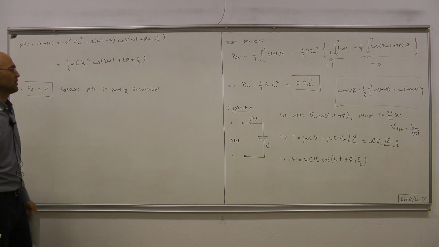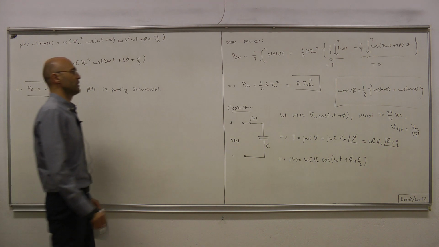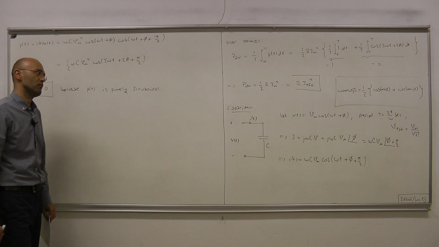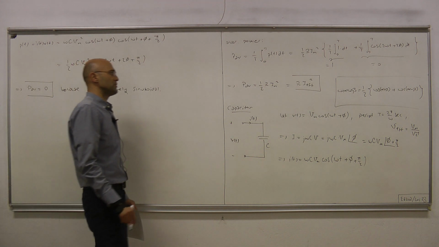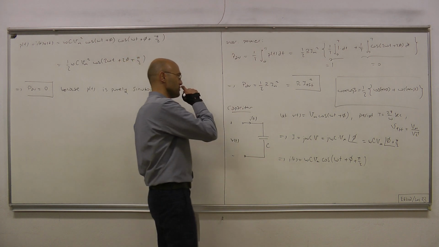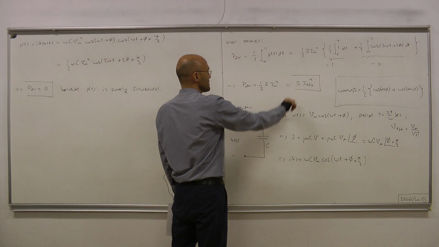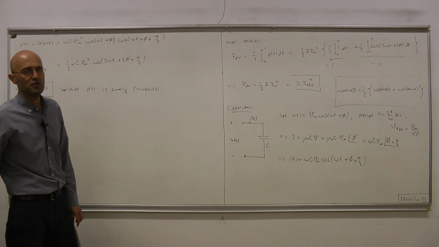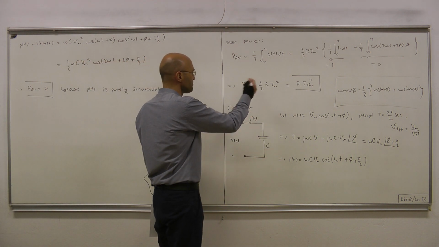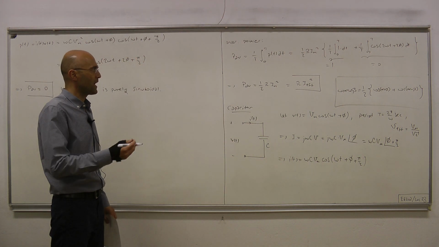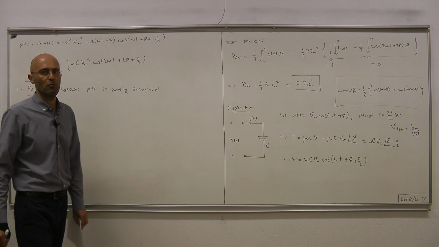Okay, so let's compare two things, the resistor and the capacitor, as part of a sinusoidal steady state. The resistor, and we're talking about a passive resistor, so R is positive, produced something positive, something non-zero for the average power. So that means in the long run, the resistor is always extracting electrical energy from the circuit.